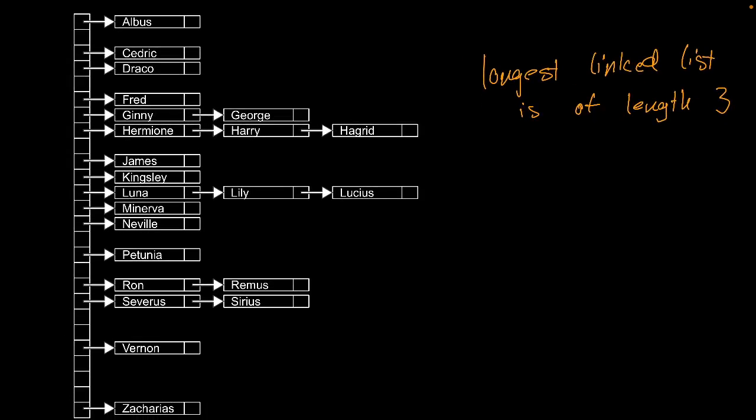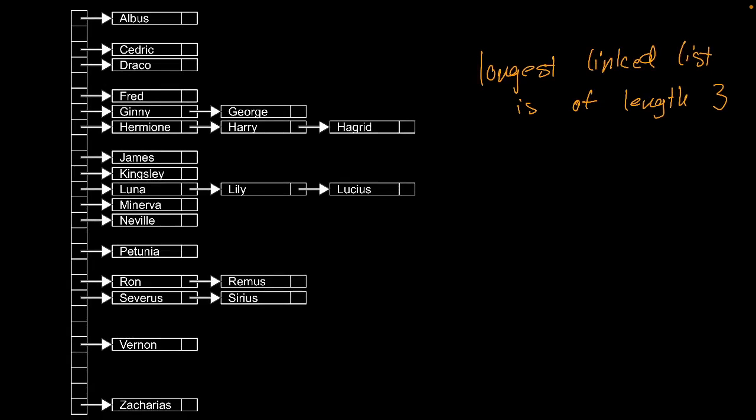It's simply, the input is the name, the output is the index where it belongs. So of course, if we were to go ahead and hash Albus right there, that is going to give us 0.